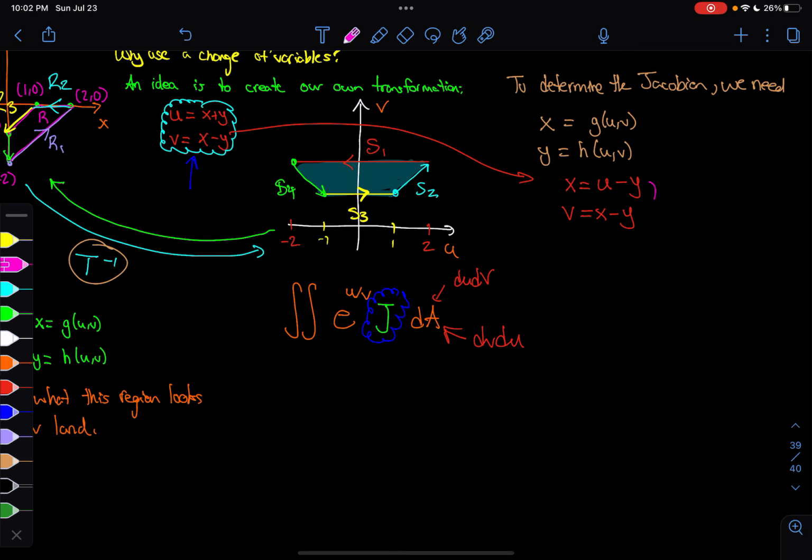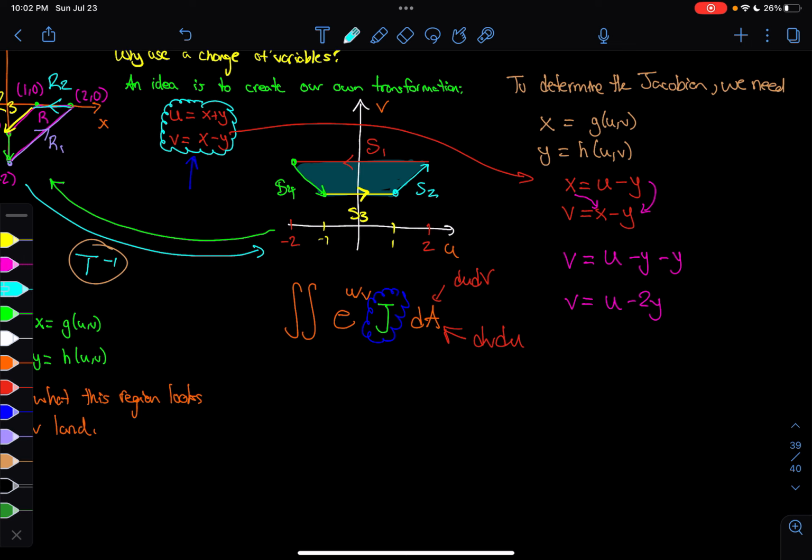Let's see. I can plug in for x right here, and I get v is equal to u minus y minus another y. So what do I get? I get v is equal to u minus 2y. Now, how does this help us here?